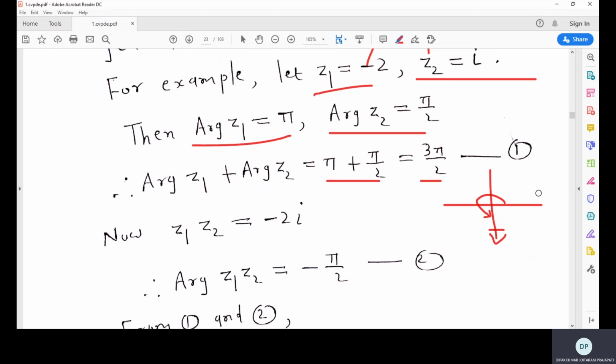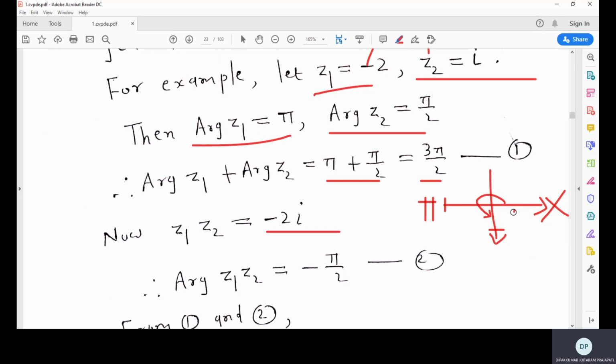The angle made by this vector with the positive x-axis is 3 pi by 2. But 3 pi by 2 is not the principal argument of -2i because it is bigger than pi. So we cannot take the principal argument of z1 into z2 equal to 3 pi by 2.